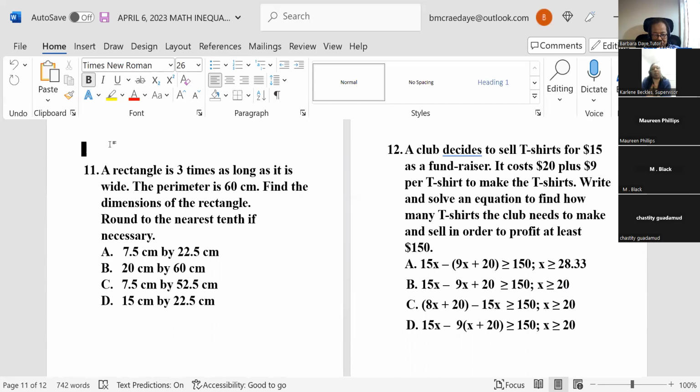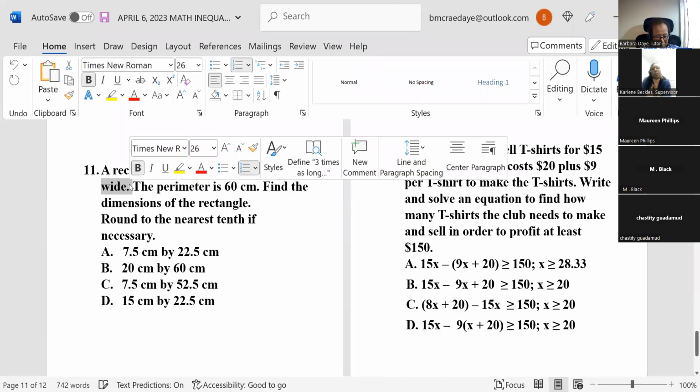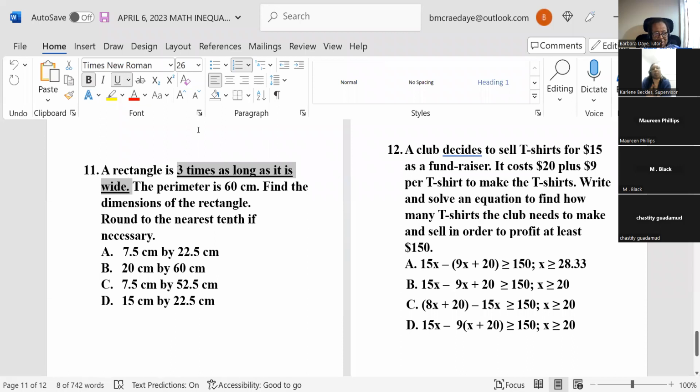A rectangle has four sides, right? So our rectangle is 3 times as long as it is wide. The perimeter is 60 centimeters.